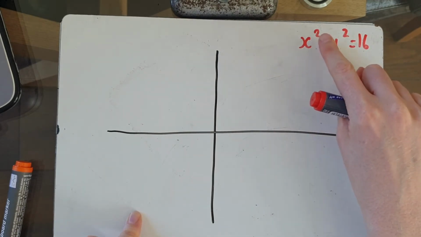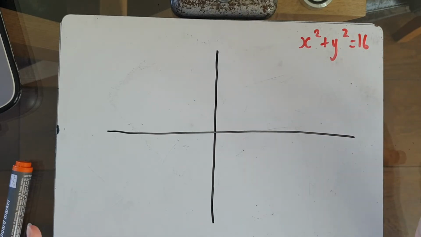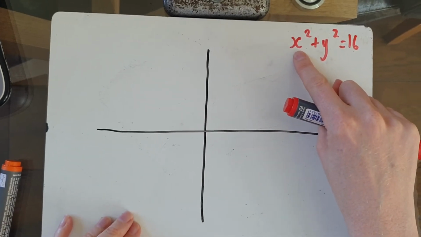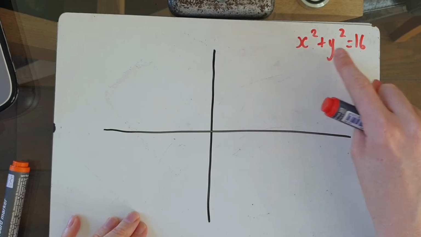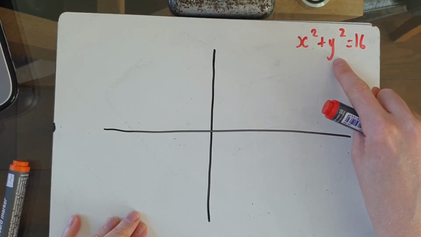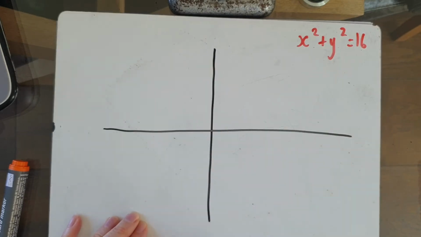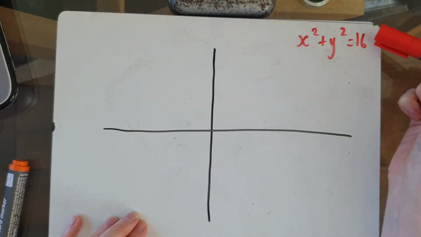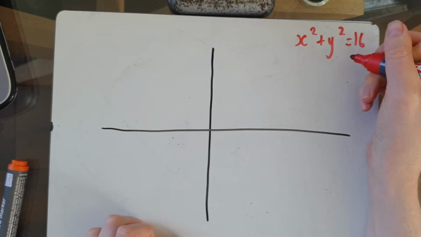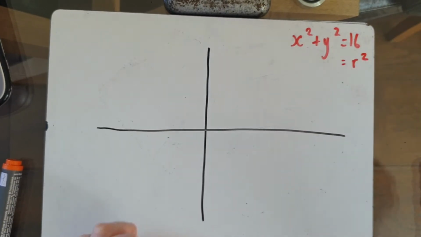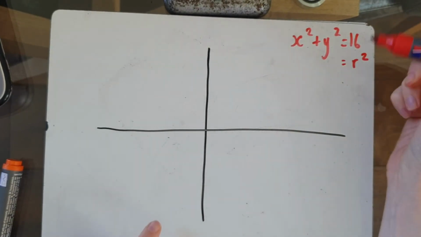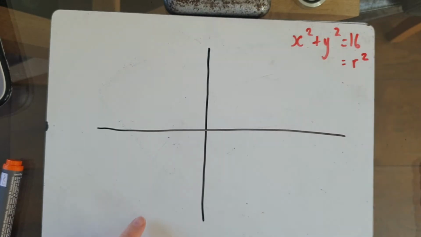Because it's x squared, not x minus something all squared, that means the x coordinate of the centre is 0. Similarly, the y coordinate of the centre is 0. So the circle sits perfectly centred on the set of axes. This number here is the radius squared. So the radius of the circle is the square root of this, which is 4.